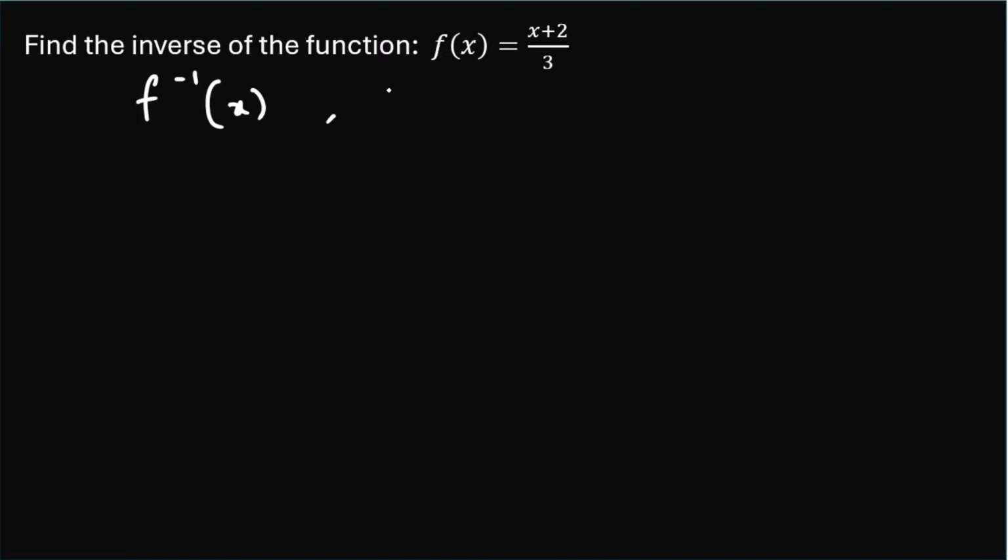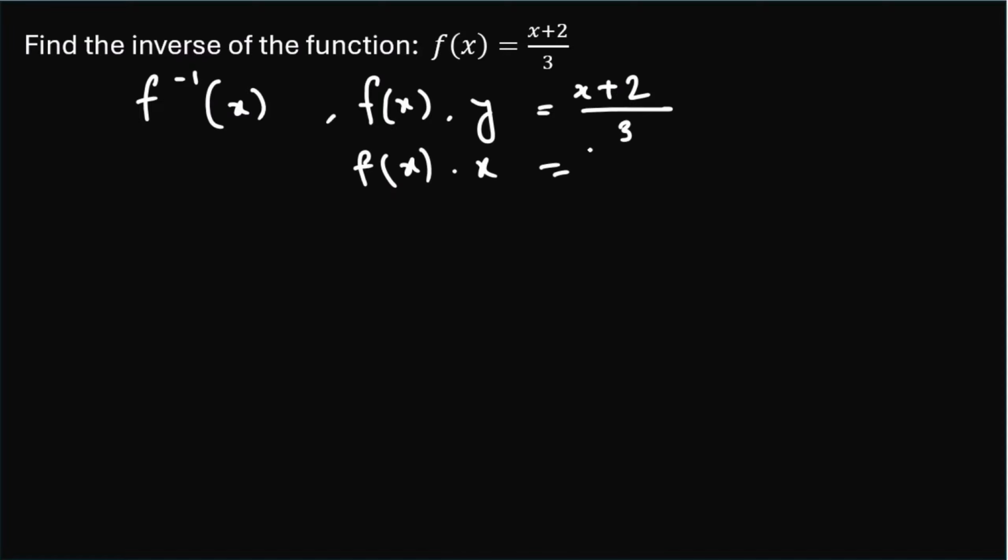First we consider f of x replaced by y, so y equals x plus 2 over 3, and here also f of x replaced by x, so x equals y plus 2 over 3. This is equation number 1, and this is equation number 2.